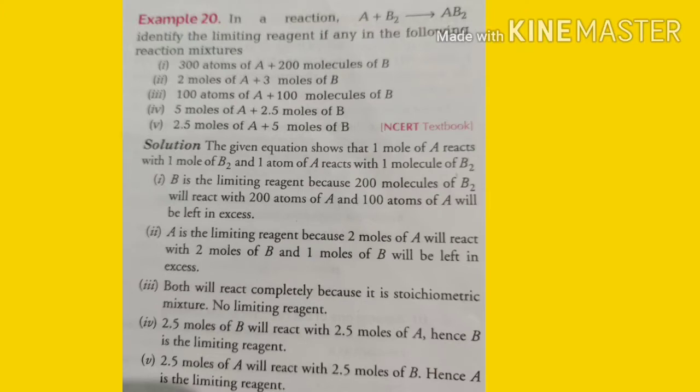Now we'll see the exam question, the amount of the substance given. The first point is 300 atoms of A and 200 molecules of B. A is in the atomic state, B exists in the molecular state having the formula B2, and the product has the formula AB2.